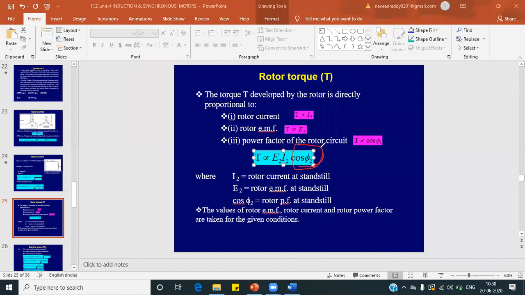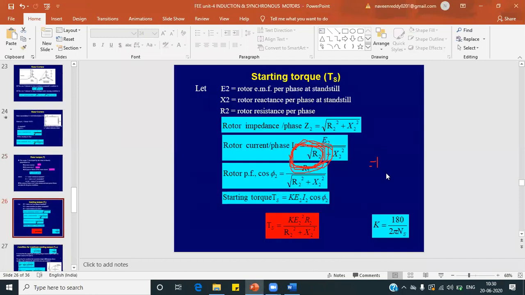Cos phi 2 is the power factor. In the case of DC machine, there is no concept of power factor; for a DC supply, it would be 1, as there is no concept of reactance. So the extra parameter which you got is cos phi, the power factor. Remaining all the things are the same. Let's go to next slide.